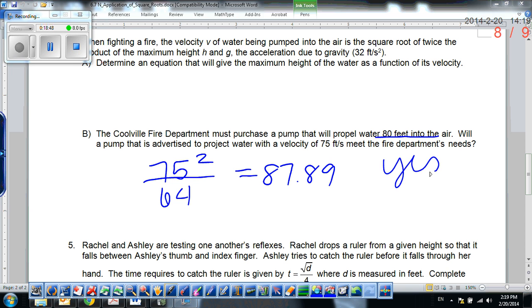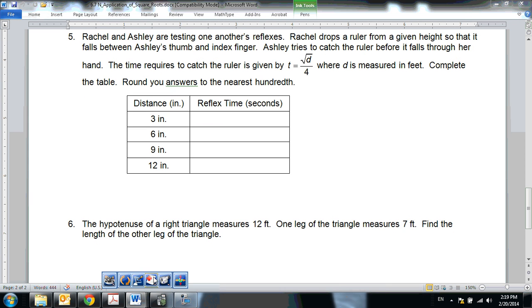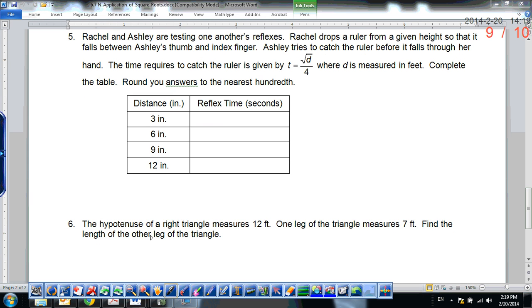So that should have been a yes. Everyone okay with that? Okay, on 5, what did you have to do? Yeah, convert these to feet. So this would have been 0.25 feet, 0.5 feet, 0.75 feet, and 1 foot.